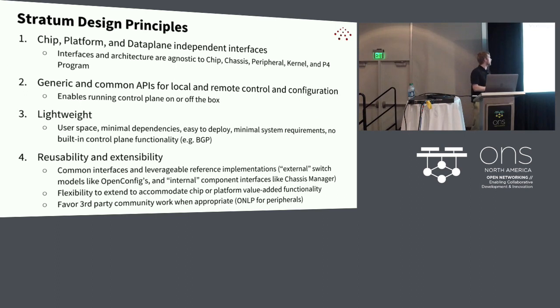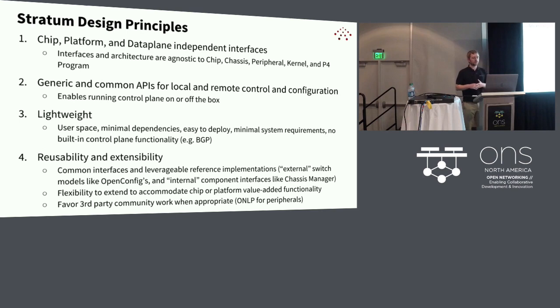And lastly, we wanted Stratum to be reusable and extensible. So not only at the northbound, but also throughout the Stratum codebase, we have a set of common interfaces that can be leveraged and reference implementations of those interfaces.